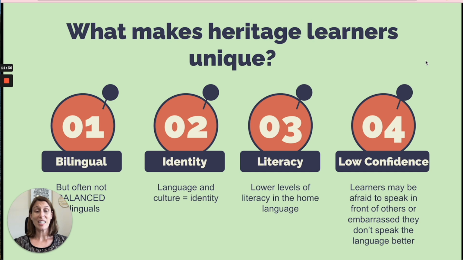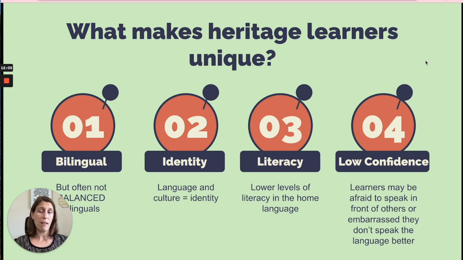So number 3 is literacy. And heritage learners in general have lower levels of literacy than oracy or oral skills. This is because they're used to speaking the language at home. They might even watch TV or do other activities in the language, but they're often not reading in that language because they haven't been to school in that language.